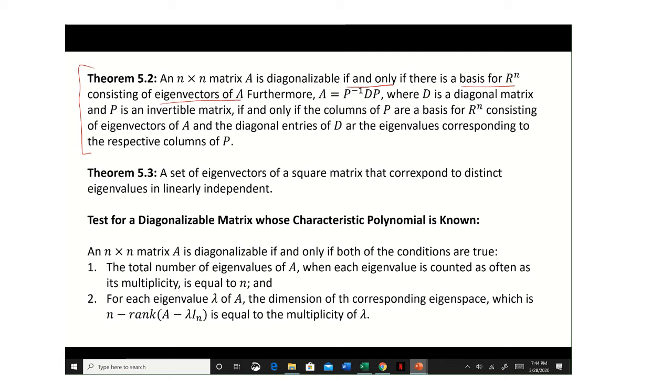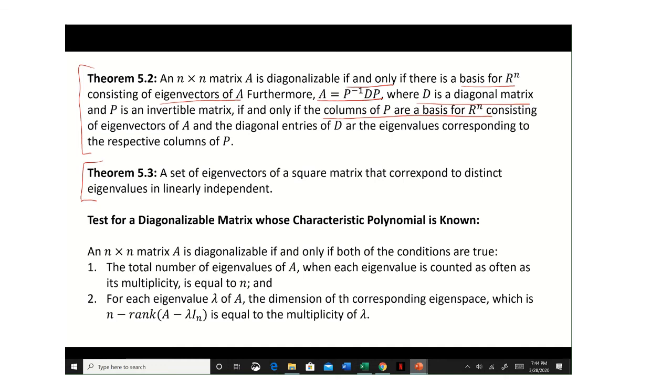Well, in that case, we do have eigenvectors of A. Furthermore, we have A equals P D P inverse, where D is a diagonal matrix and P has the columns of our basis. Okay, so that's just what we've just done, just putting it into a theorem.